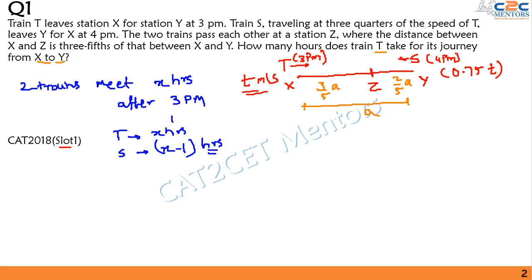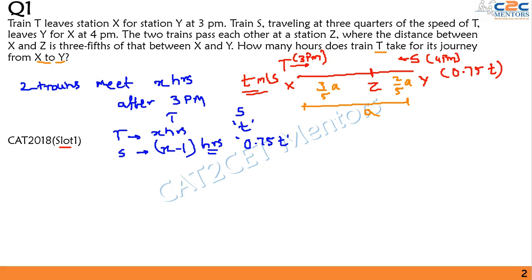And this is the time, and the speed at which train T is traveling is assumed by us as T, and this is 0.75 T. And we also know that if I equate the distances between both of them, the ratio will be 3/2, because this is 3/5 of the distance and this is 2/5 of the distance. So let us form a ratio equation.